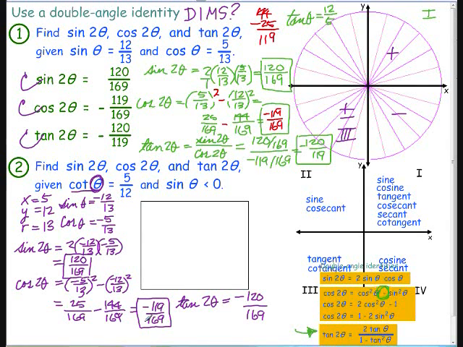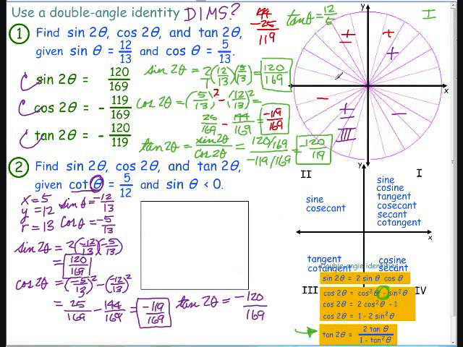So which quadrant are we in with double theta? Cosine is negative. Sine is, well, let me change pen colors here. Sine is positive. Cosine is negative. Cosine is positive here and here. It's negative here and here. And tangent is negative.